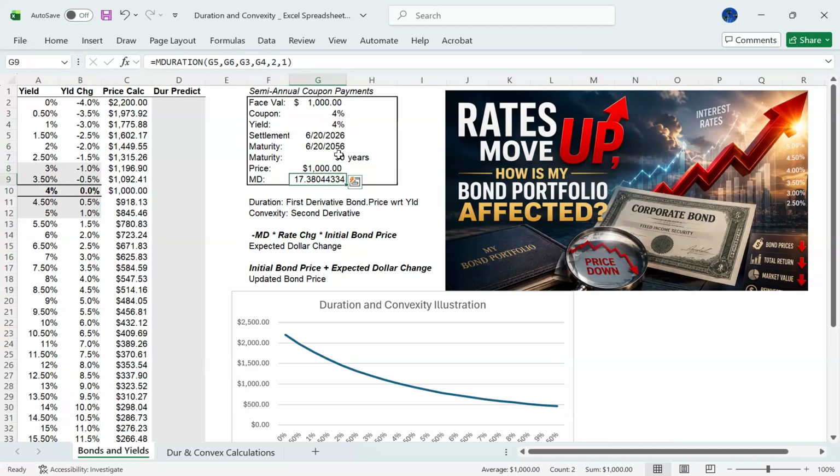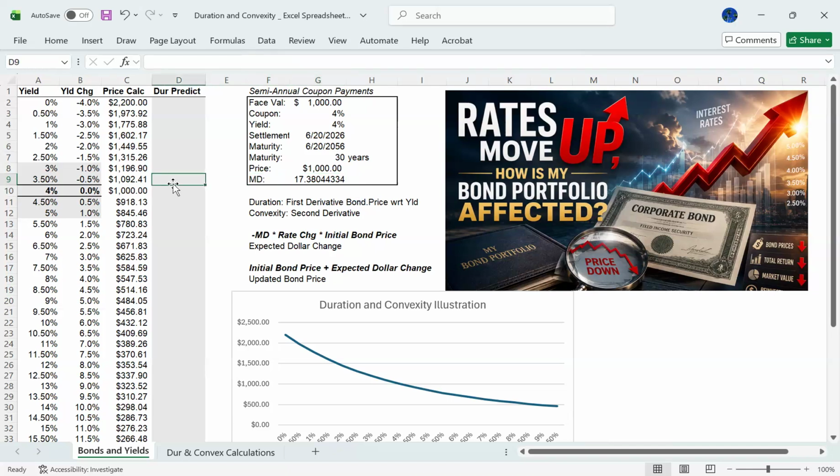Okay, so in other words, most of that $1,000 value is coming from the cash flows that you are receiving over the first 17 years. Of course, that's a weighted average. There's a big part of that $1,000 that is coming from redemption value. But when we take the weighted average, it essentially comes down to 17.38.